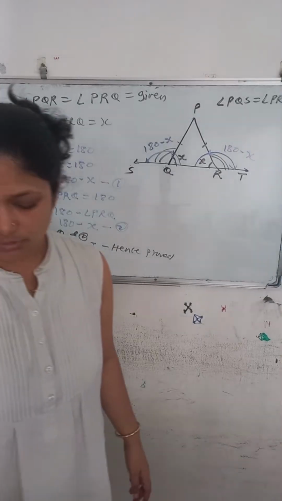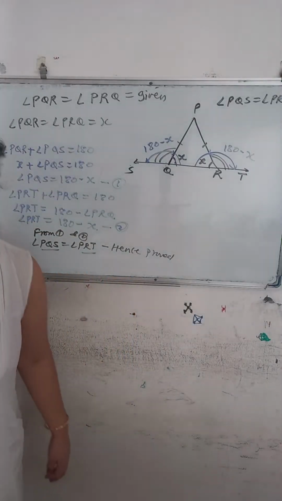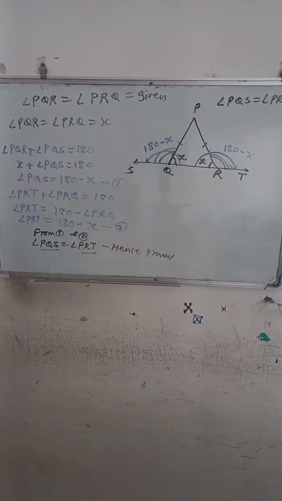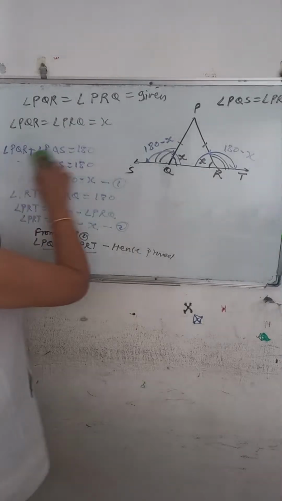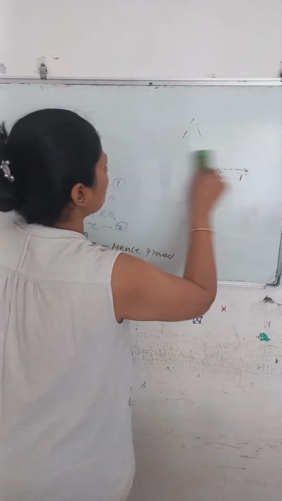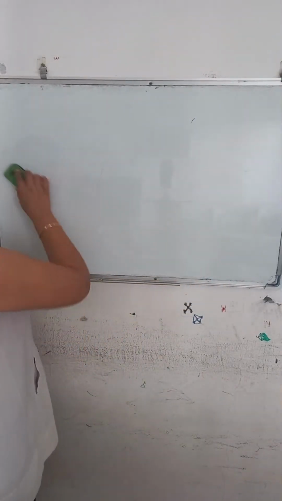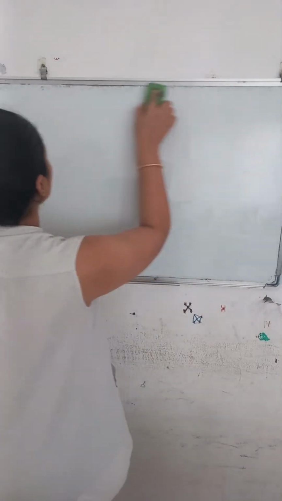At the beginning of the session, I told you any straight line forms a 180-degree angle. That is the characteristic of a straight line. So if anywhere in the figure I get an angle value of 180, then we can say that it is a straight line.